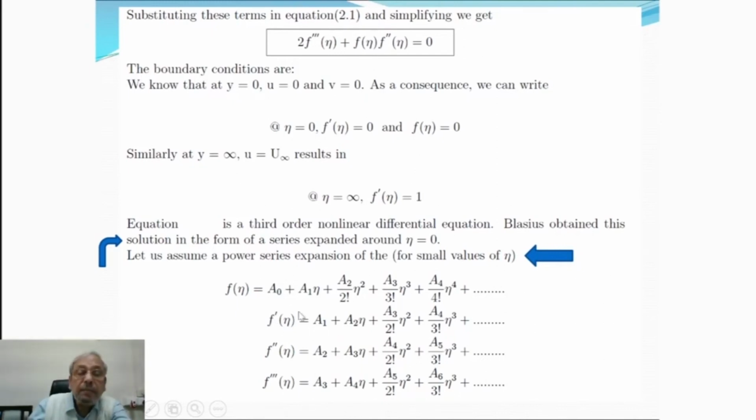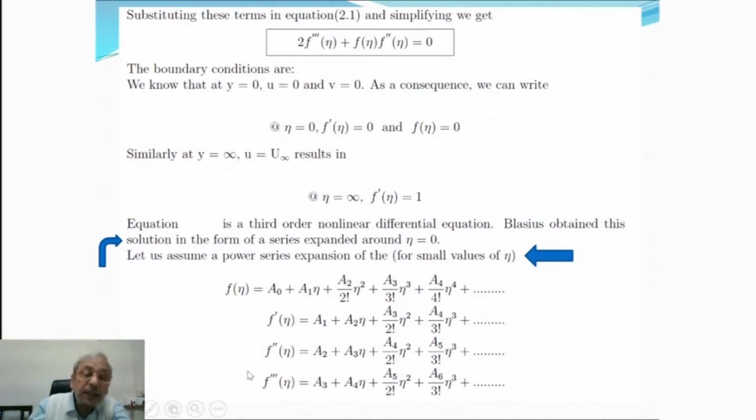Now f prime, we have simply found out the derivative of that series: f prime eta equal to a1, a naught is knocked out, a1 plus a2 eta plus a3 by factorial 2 eta square plus a4 by factorial 3 eta cube.